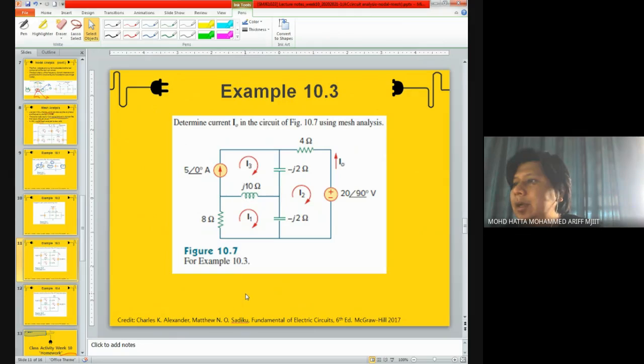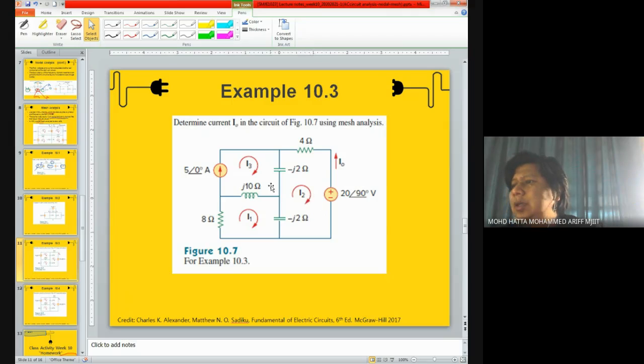If you look at this example, we need to determine current IO using mesh analysis. And according to the circuit, we have three meshes. The first one is down here. The second one is over here at the right hand side, encircling the 20 with angle 90 degrees voltage source.